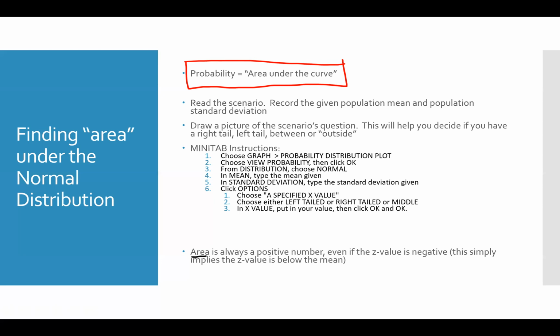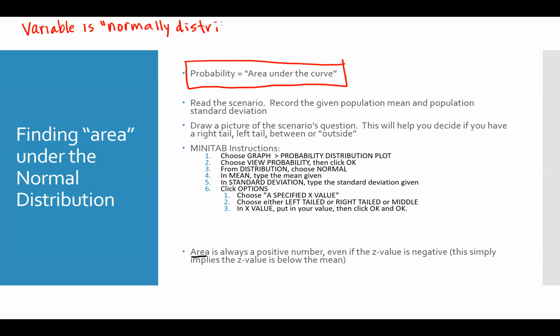Specifically, you have to be given 3 things, really 4 things. Okay. One is you have to know that your variable is normally distributed.